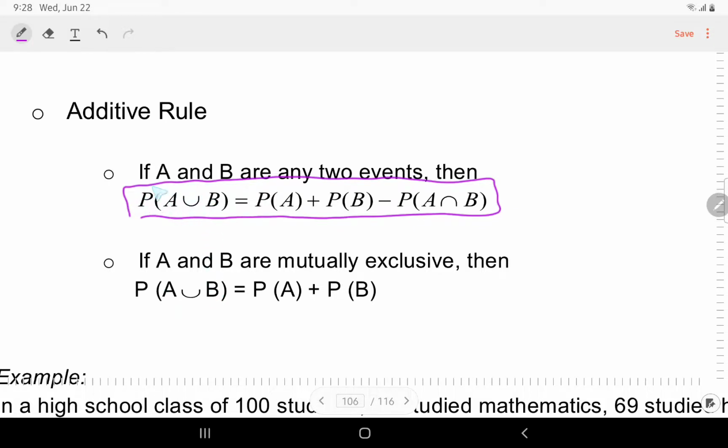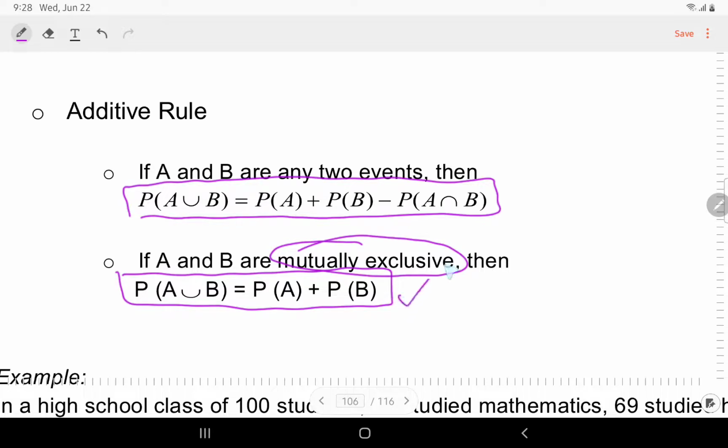Second formula is also for probability A union B. You all tengok sini probability A union B, ini pun probability A union B. Tapi what's the difference between these two formulas? The second formula is for if A and B are mutually exclusive. So kita guna formula ni. Kalau A and B are not mutually exclusive, kita akan guna formula yang ni.